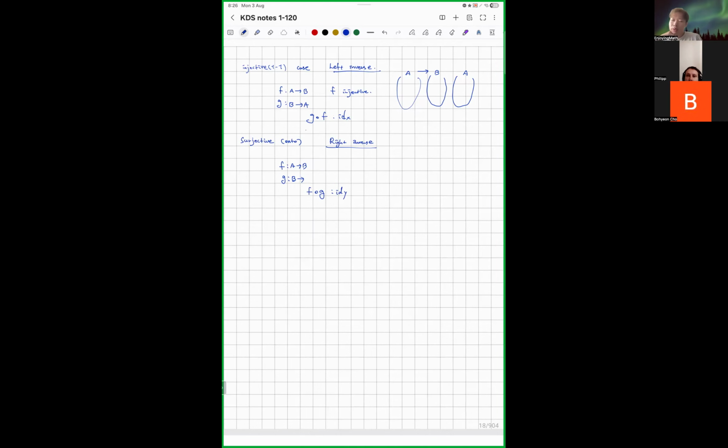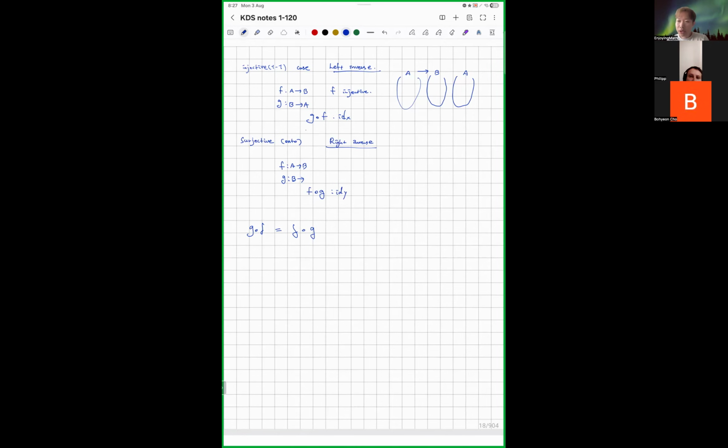I mean, I think it's not commutative, because if commutative, the result should be the same, but hmm. I'm only saying this in the case of injective.